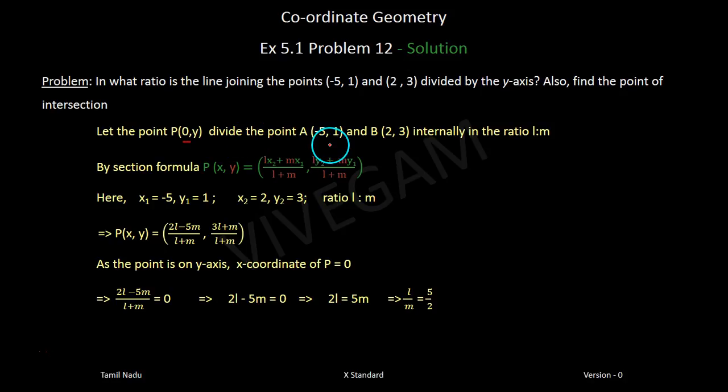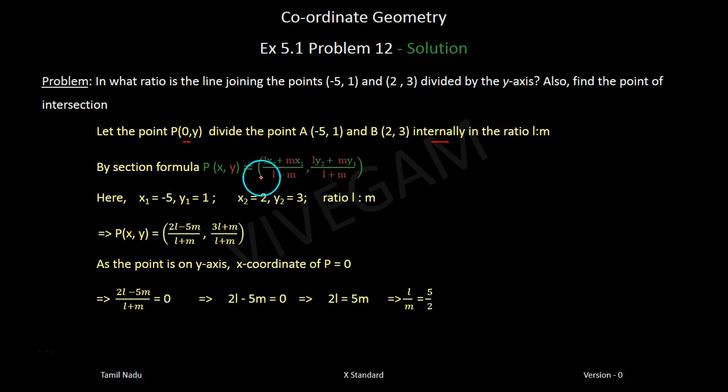Divide (-5, 1) and (2, 3) internally in the ratio of L is to M. Normally they don't tell internally. If they don't tell anything, it is considered internal. If it is external, they'll specifically tell that it is external. That's the normal understanding.